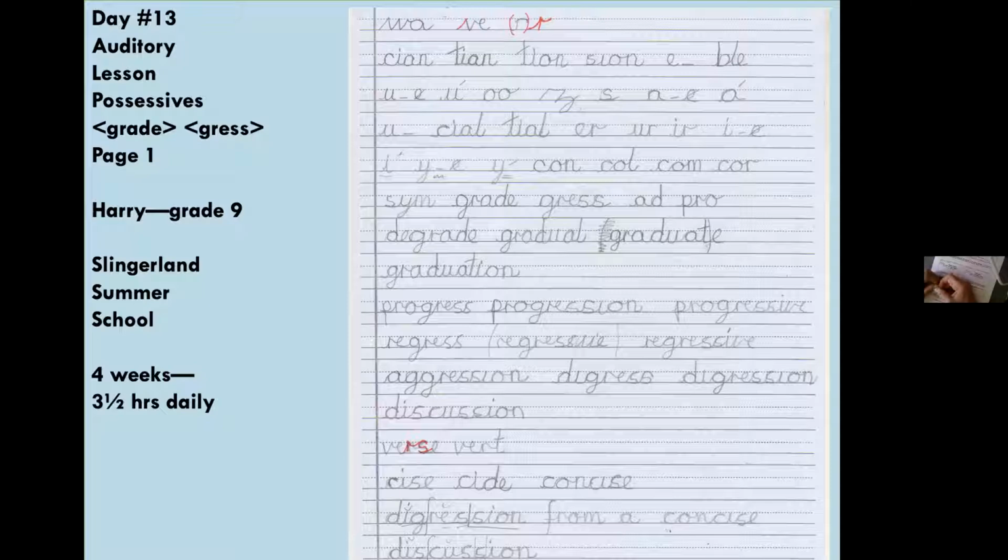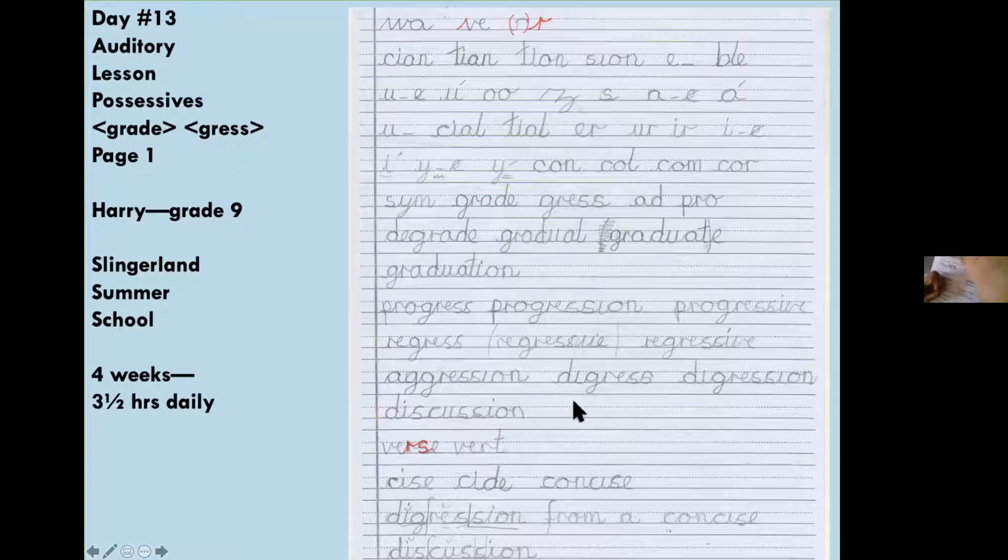And then the AG is the assimilated prefix that's really AD, but when it's used before the base GRESS, it changes to a G. So if someone's aggressive or is showing aggression, then they're moving into a situation, not away from it. Anyway, you get the idea here. And then CUSS, which is to shake. They had fun with that one.